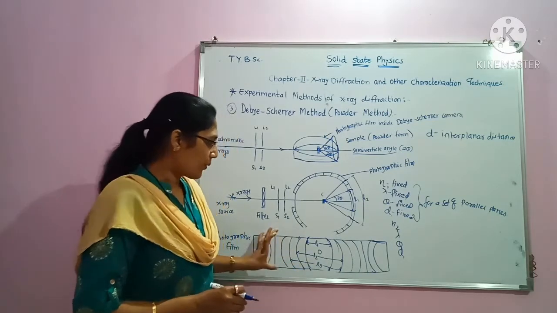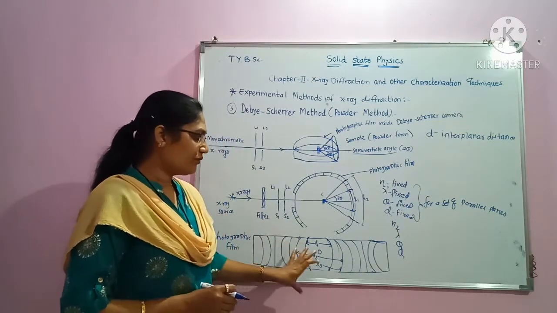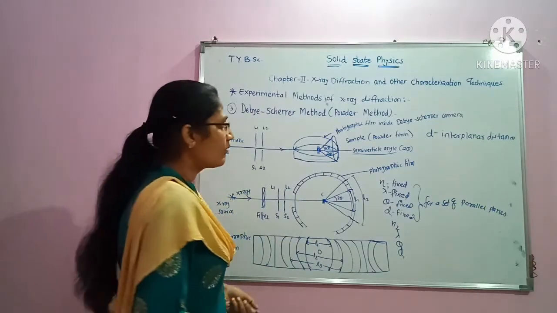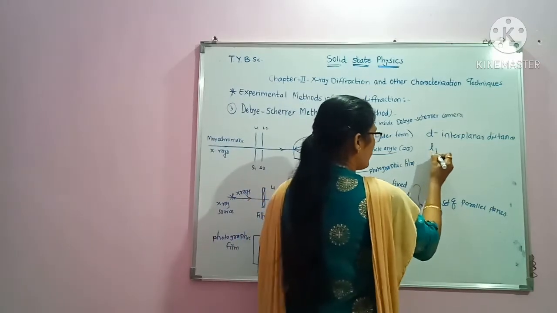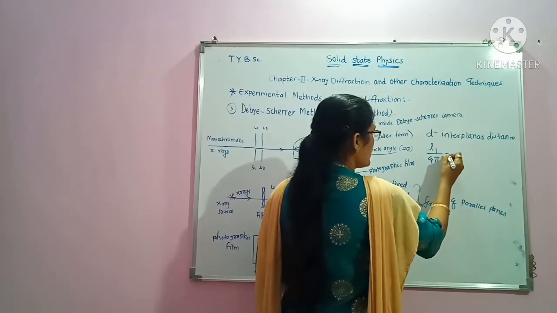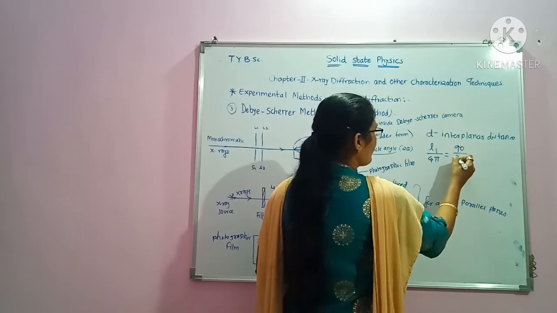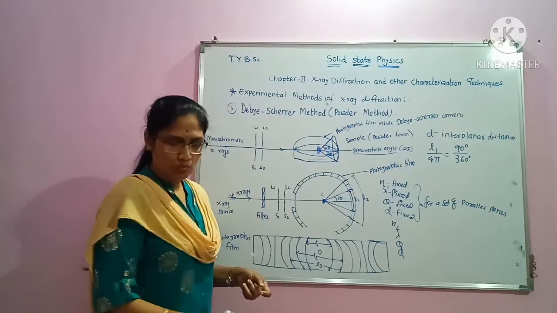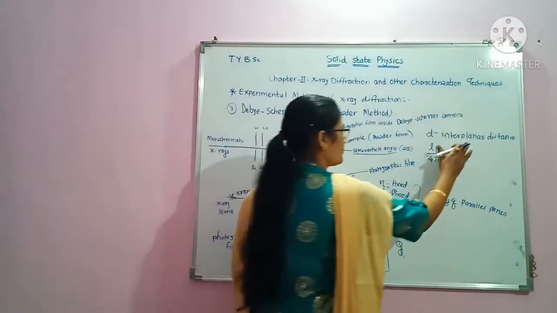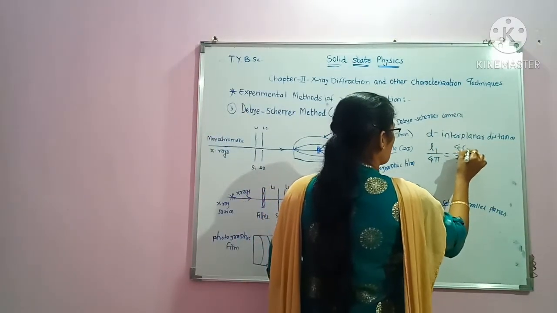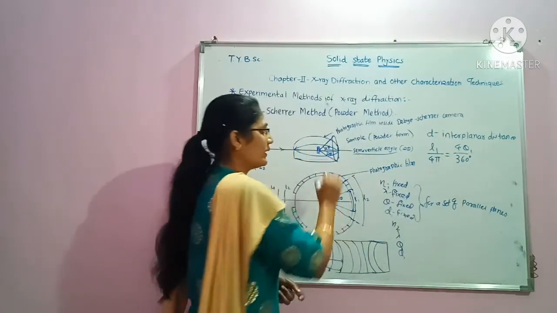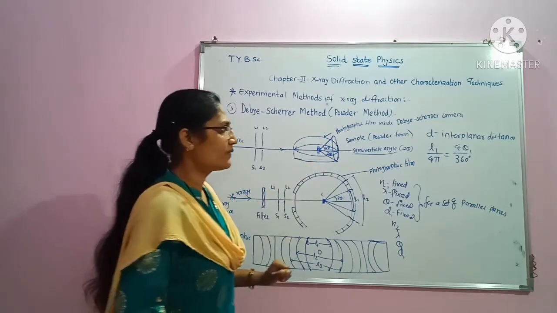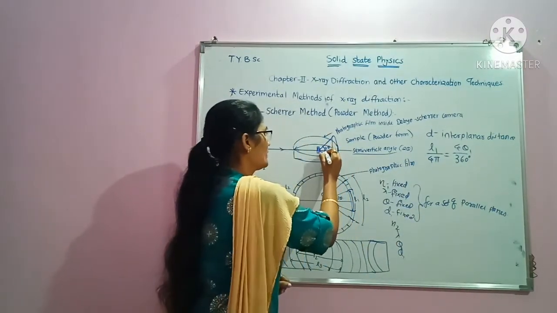Now we have obtained the photographic film in this way, and one can develop it, and by using the formula L1 upon pi d is equal to 90 upon 360 degree, one can find the value of 4 theta. This is 2 theta, 2 theta. It gives us 4 theta here.